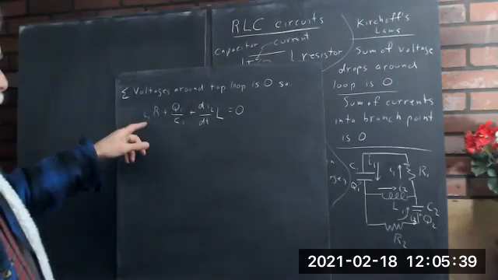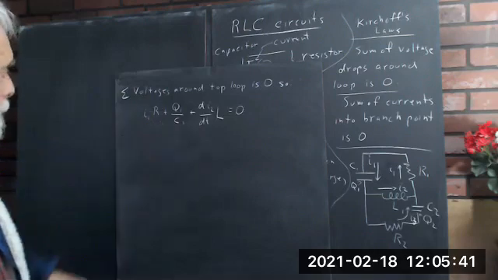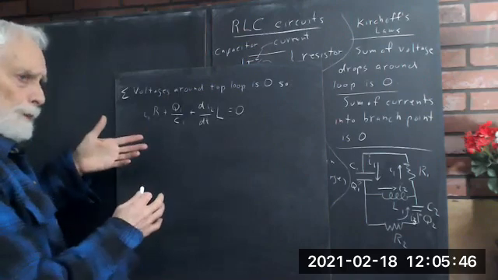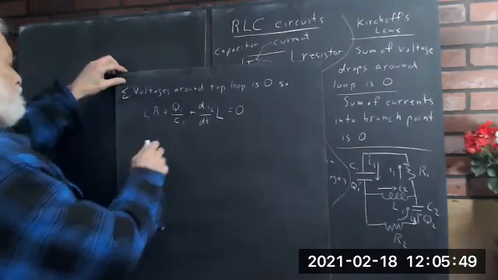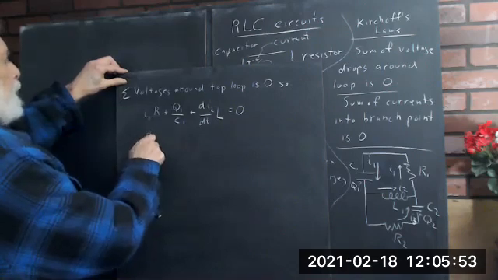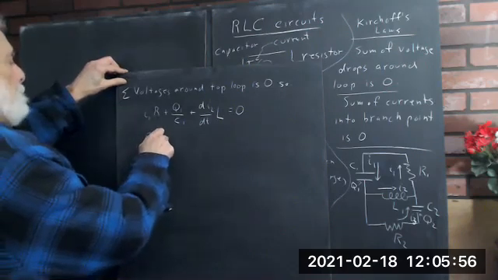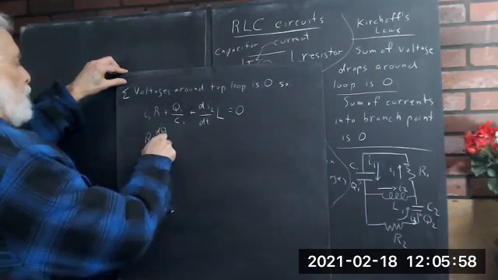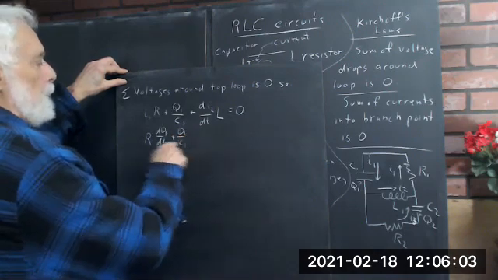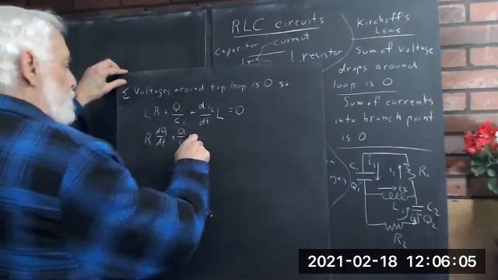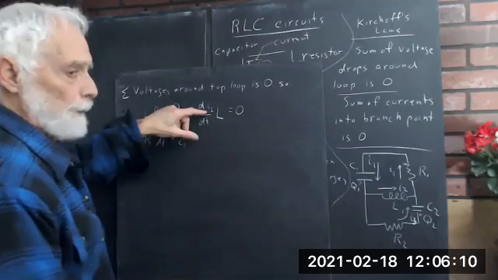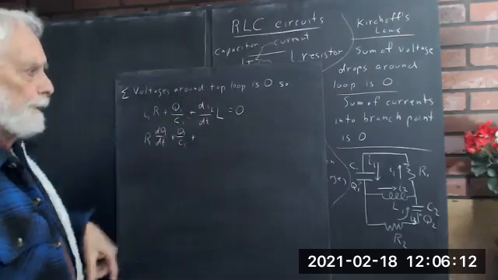Now remember that I1 is dq1/dt. So you have, and I'm going to start writing primes, I think, R dq1/dt plus q1 over C1 plus, remember I2 is dq2/dt.